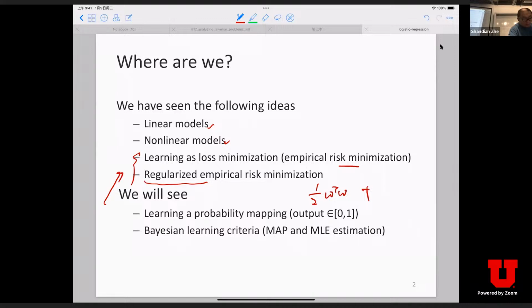Either you can do empirical risk minimization, which essentially corresponds to maximum likelihood estimation, or you can do regularized empirical risk minimization. In the probabilistic world, it is called MAP estimation, maximum a posteriori estimation, because you want to assign some prior over the model parameters. You will see that later.